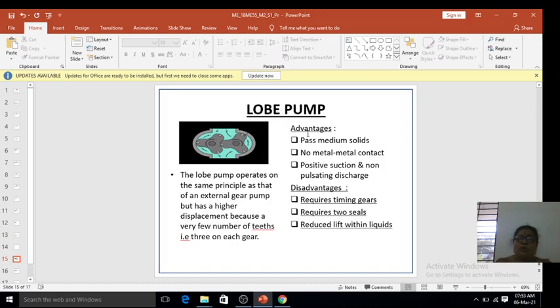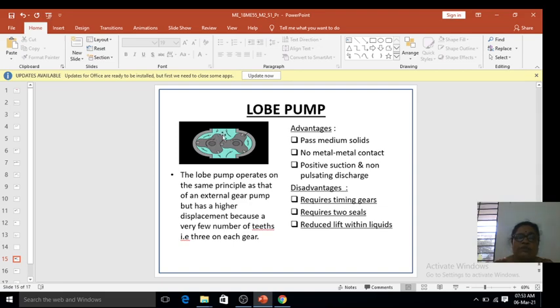Lobe pump. A lobe pump operates on the same principle as the external gear pump, but it has a high displacement because of its large volume lobes. It consists of only three lobes. You can observe here the spacing is very high, with very few teeth, for example three on each gear.